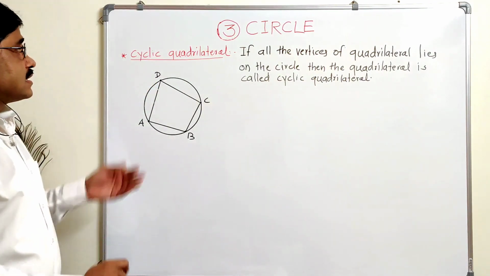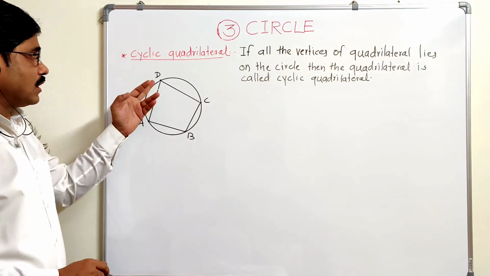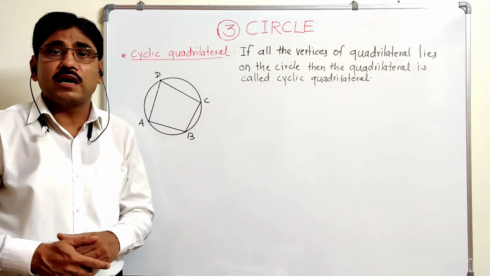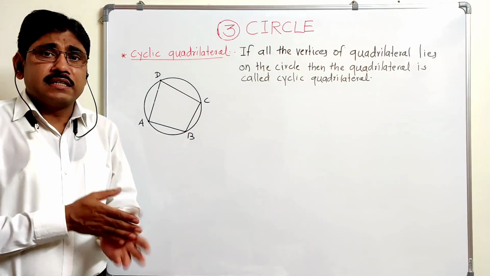So here, this is the definition of cyclic quadrilateral. If all the four vertices are on the circle, then it is called a cyclic quadrilateral.